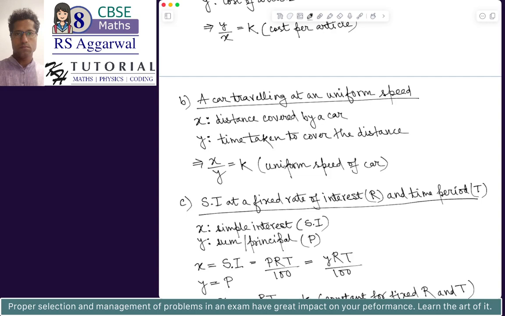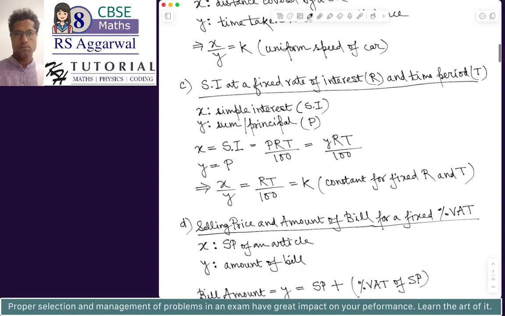Okay. The third example is the calculation of simple interest when the rate of interest per annum, that is R, and the time period T are fixed. R and T are not changing. If you keep R and T fixed, then the simple interest and the principal will be in direct proportional variation.